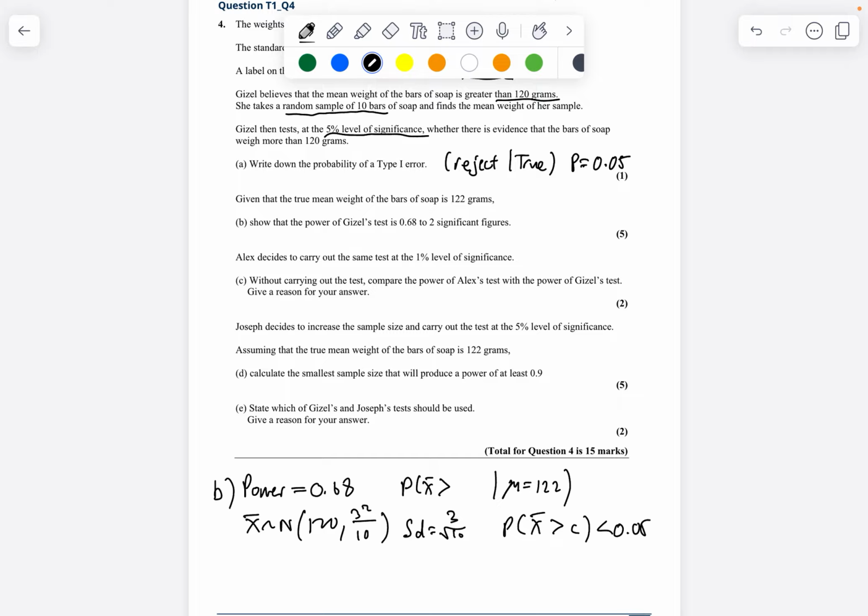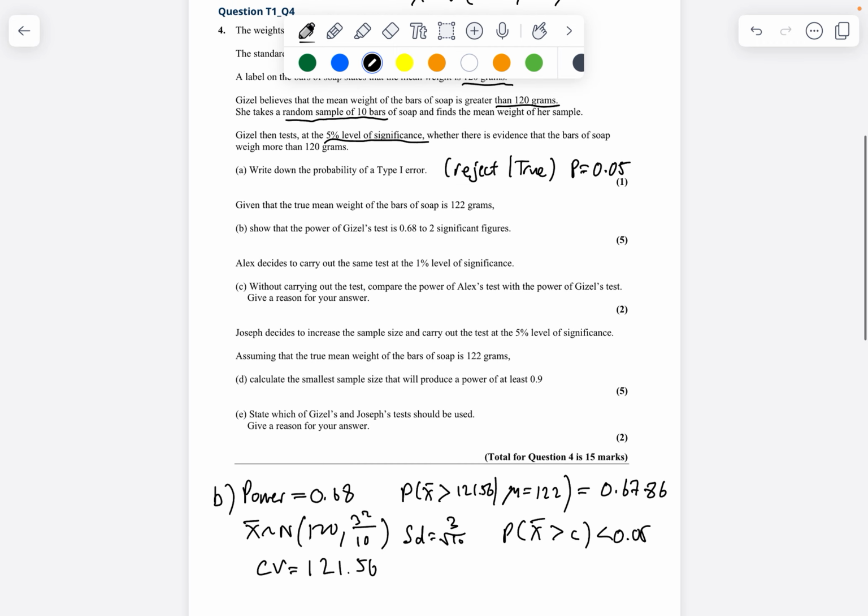So I do my inverse normal, and my critical value is 121.56. So let's put that into our probability: P of X bar greater than 121.56, given that the mean is 122, and that gives me 0.6786. Okay, that's B.